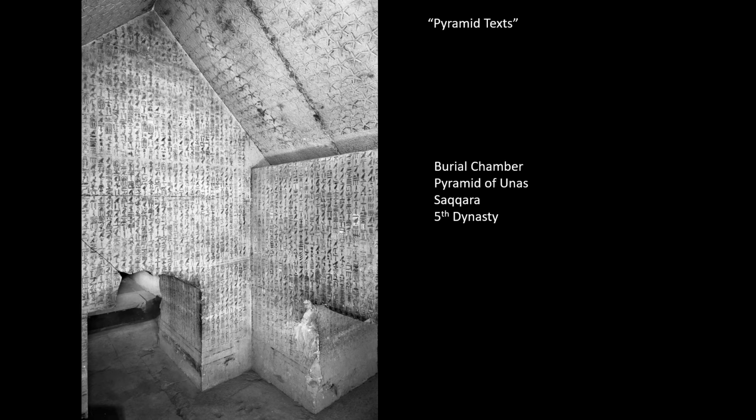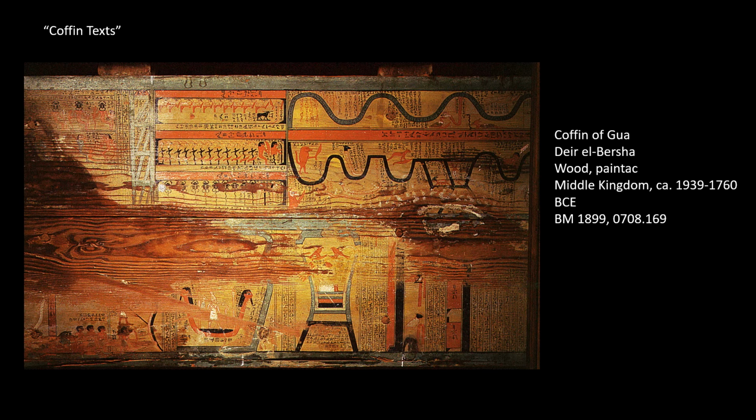Yet these pyramid texts are completely devoid of imagery. Later, when these texts are incorporated into Middle Kingdom coffins and become the coffin texts, we start to see more images being incorporated, which include representations of divine spaces and of the divine.